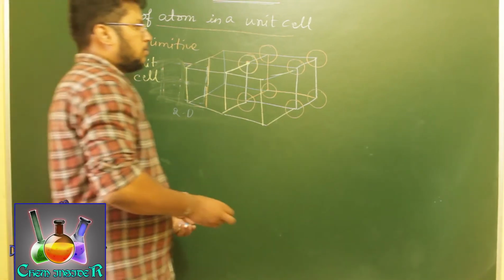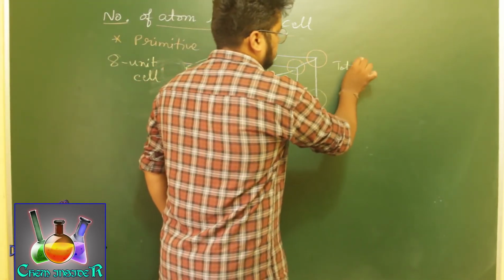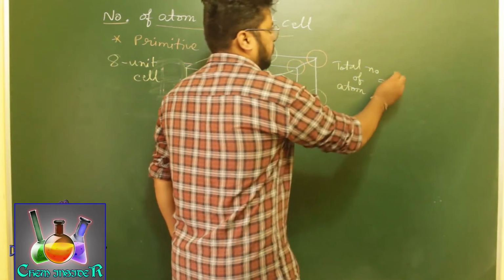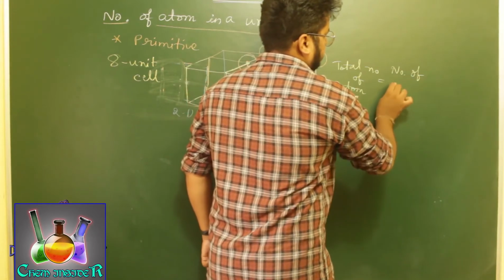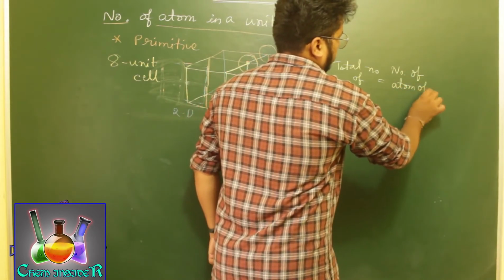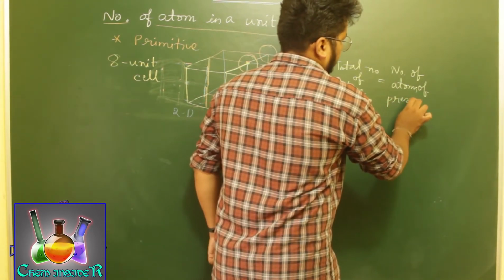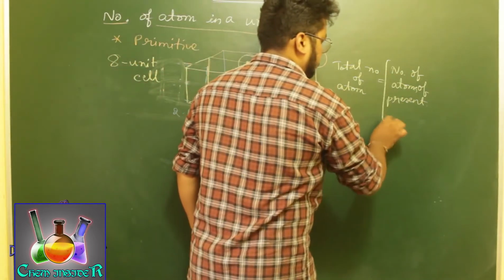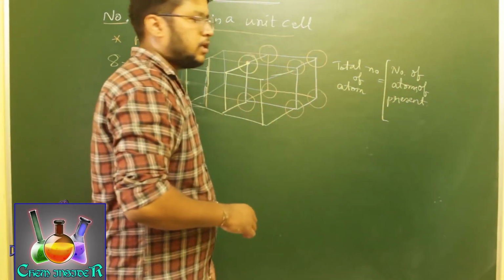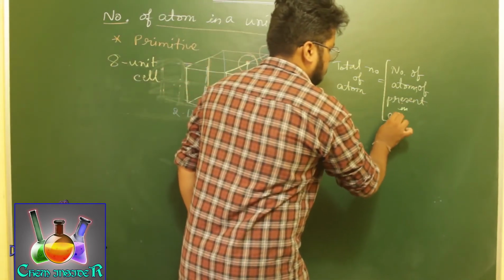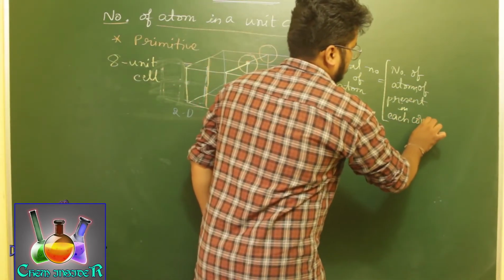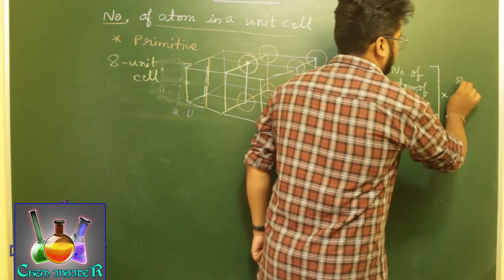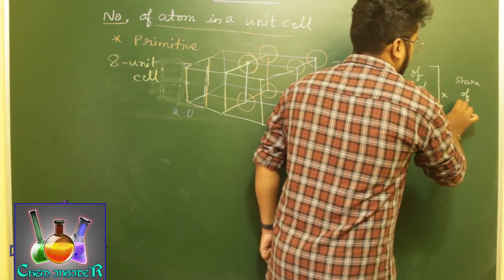Therefore the total number of atoms in a unit cell is given by the formula: number of atoms present in a corner or edge or body center, wherever you take, multiplied by the share of each unit cell. For a primitive cell, the total number of atoms present in each corner is multiplied by the share of each unit cell.